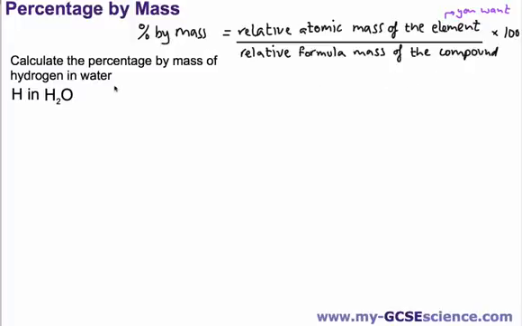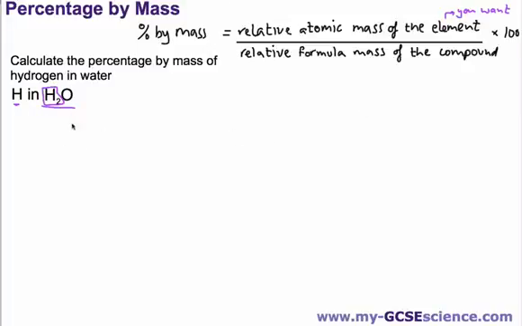So in this case, we're going to work out the relative atomic mass of the hydrogen, and divide that by the relative formula mass of the whole compound of water. Now one thing you've got to be careful of here is when you look at the formula, there's a little 2 here, so that means we have 2 hydrogens and not 1, and so we've got to make sure we incorporate that into our calculations.